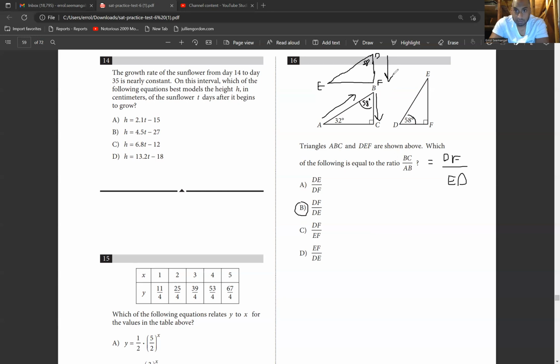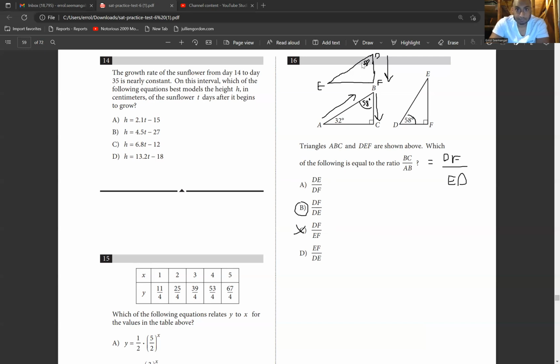DF is the top and DE the bottom. I was thinking that maybe they would switch this to ED, but I guess not. There's no other one with DF on top, right? Oh no, this one has DF. EF? No, this one doesn't make sense, because EF is not the hypotenuse.